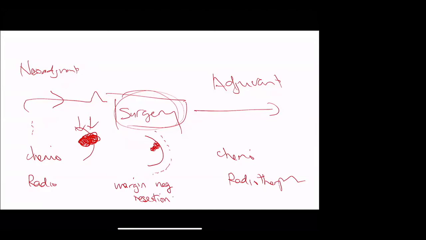Sometimes I cut up already. I told you this is the dotted line here. I might have a bit of residual tumor that was very, very close. So I go for adjuvant therapy to target this area with either radiotherapy or chemotherapy to try to heal this part as well.